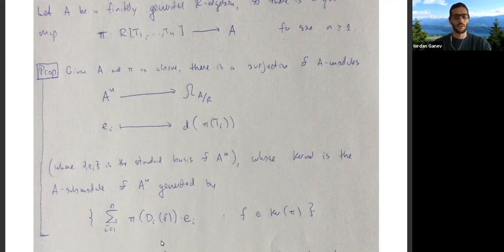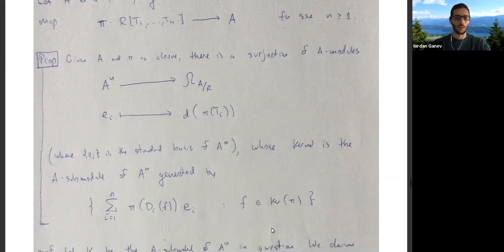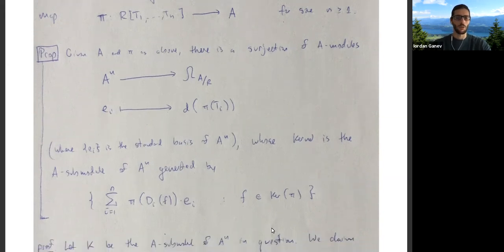So we look at things in the kernel, the defining ideal of A, and we take some partial derivatives and form this expression, and we take the module generated by all these expressions over all the elements of the defining ideal. We get a submodule of A to the n, and we quotient by that to get the Kähler differentials.